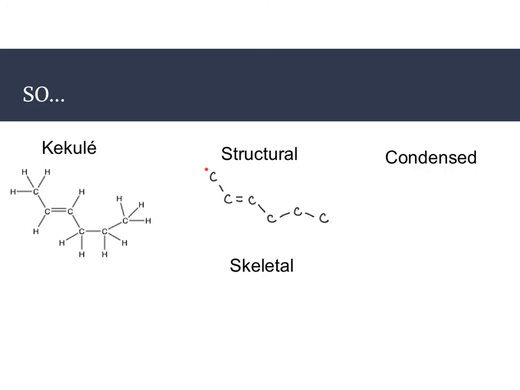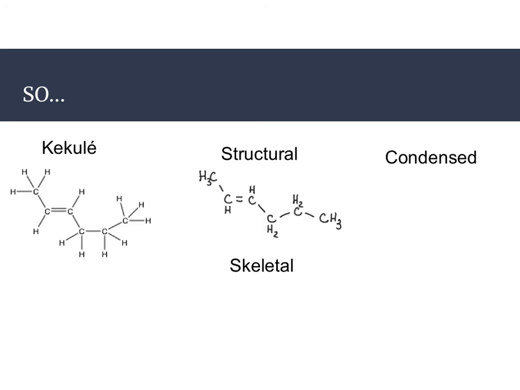Then attached to this terminal carbon out here, I've got 3 hydrogens. Attached to this first one on the double bond, I've got 1 here as well, and then 2 on these 2, and it doesn't matter where you put them, right, above or below, and then 3 on the external one. So that would be your structural formula.